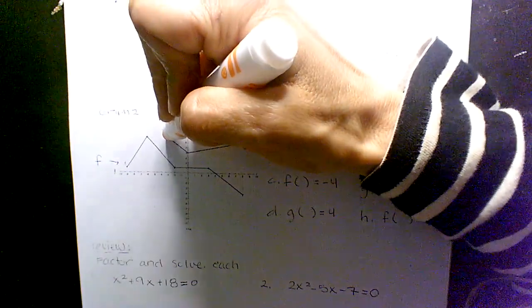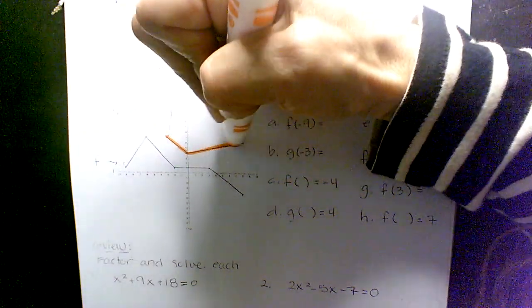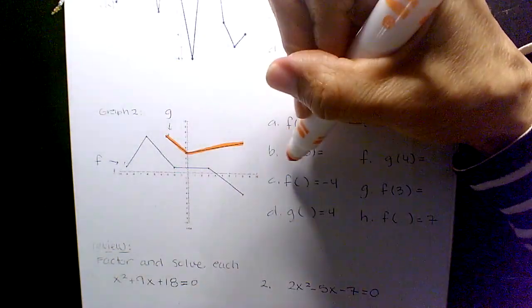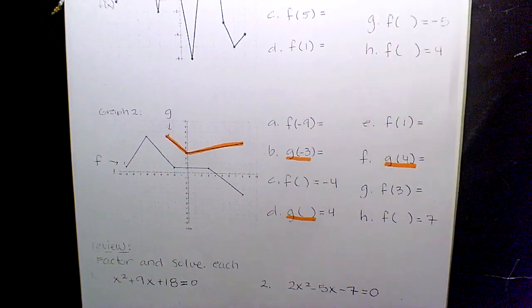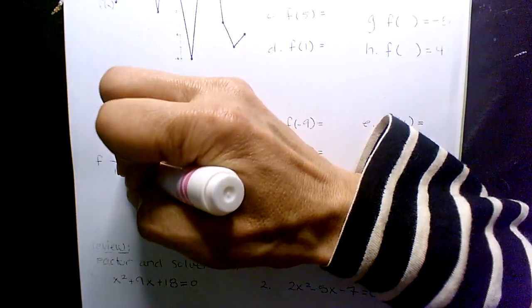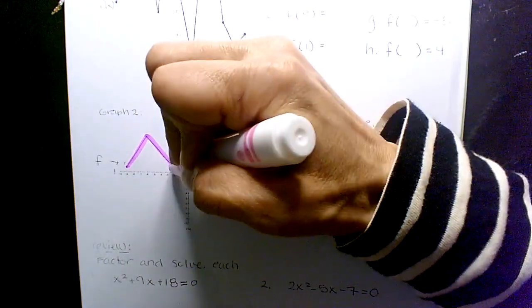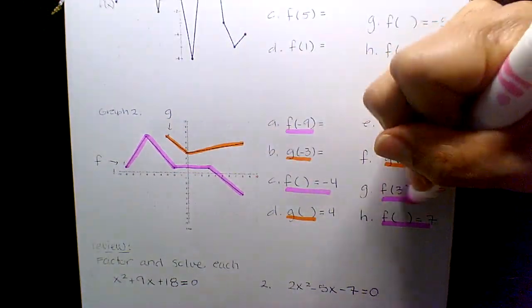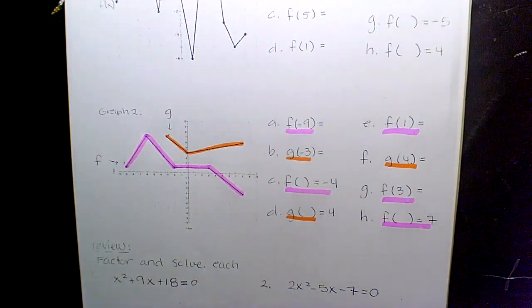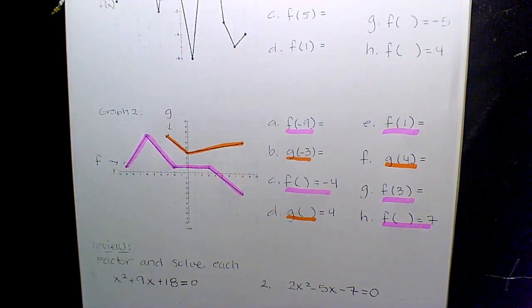I'm going to make G orange. So whenever G, I'm going to color code it orange. So I'm not going to accidentally grab the number from F, and I'm going to color code. And so then these are pink. And that way I'm looking at the correct function for the input-output correlation.